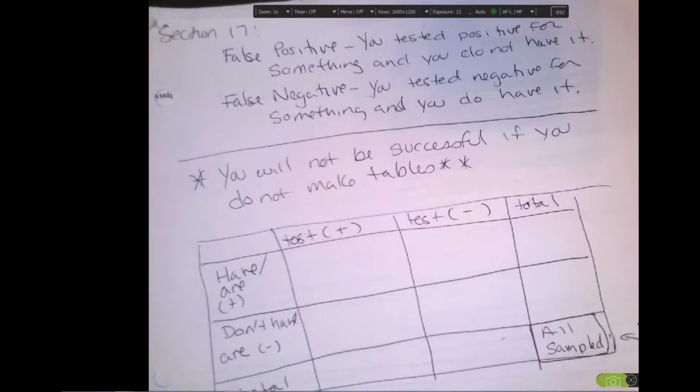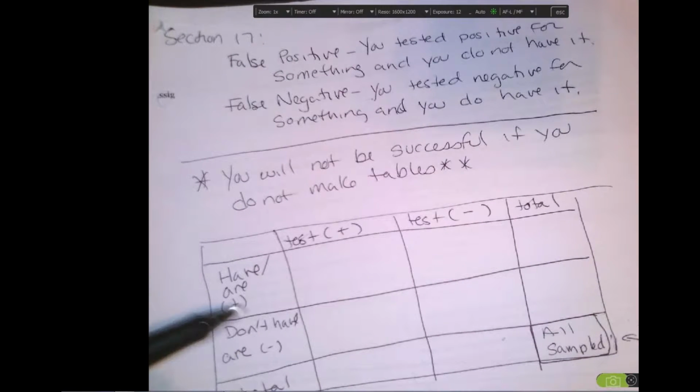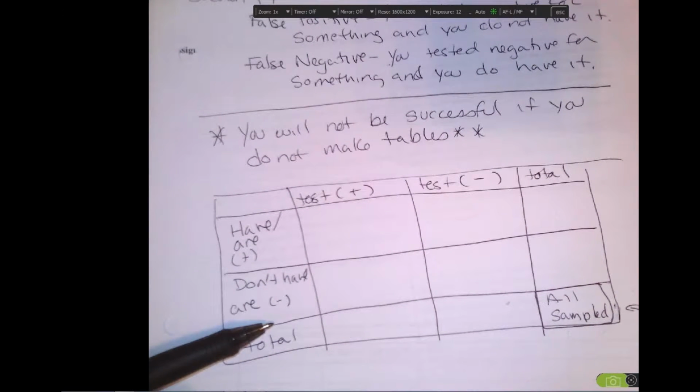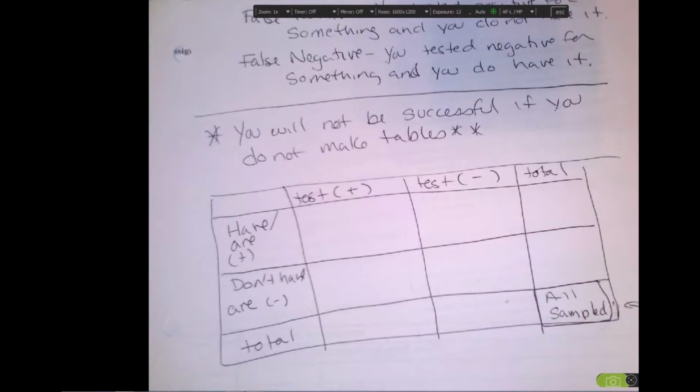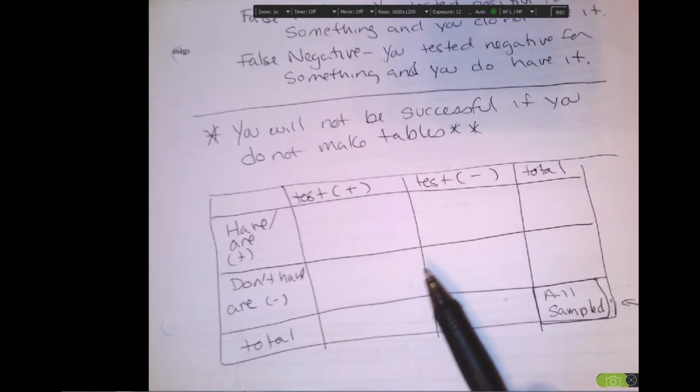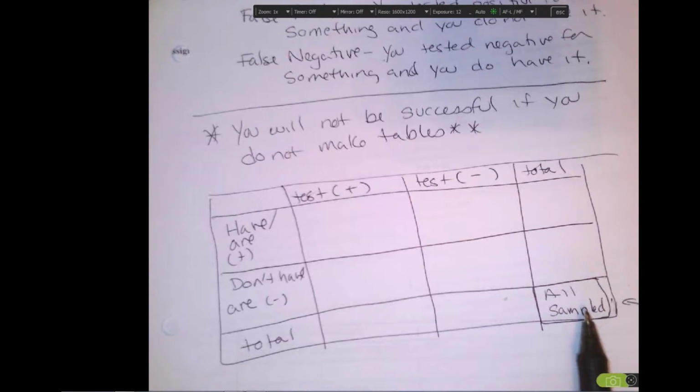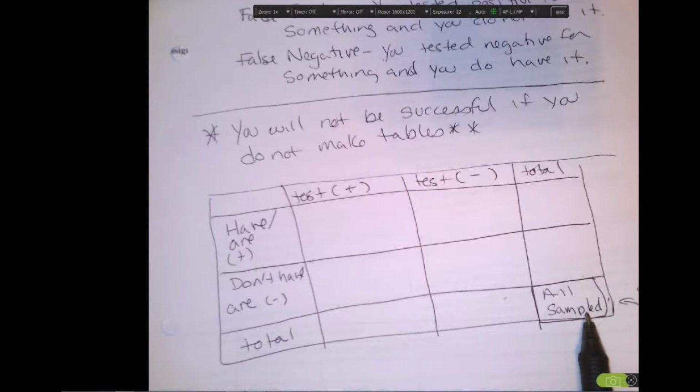Okay. You have to be able to do these tables. Once you do the tables, then it's just back to section 16. It's just probability. Number of desired over number of total outcomes. Okay, so your tables will always be set up, or you will set them up, with a total, the number in your sample, the number of the population, whatever was tested. Okay.